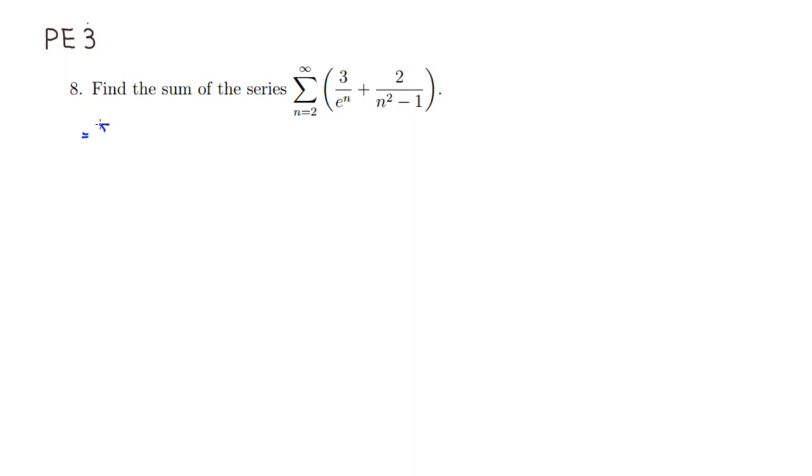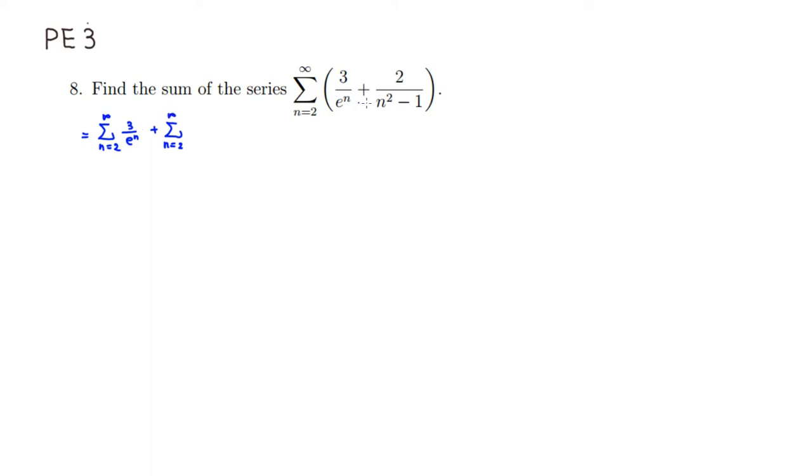First one is the summation, n goes from 2 to infinity, of 3 over e to the n. And the second one is the summation, n equals 2 to infinity.